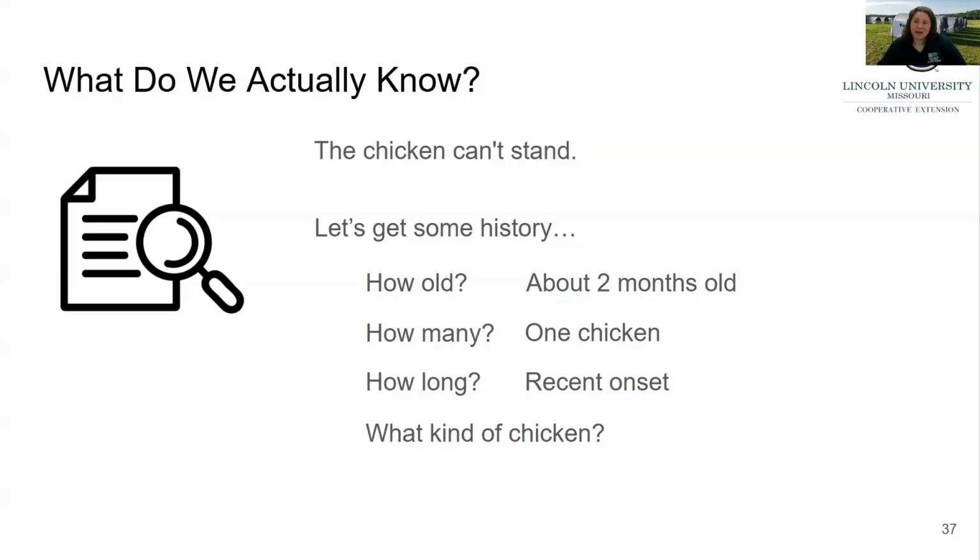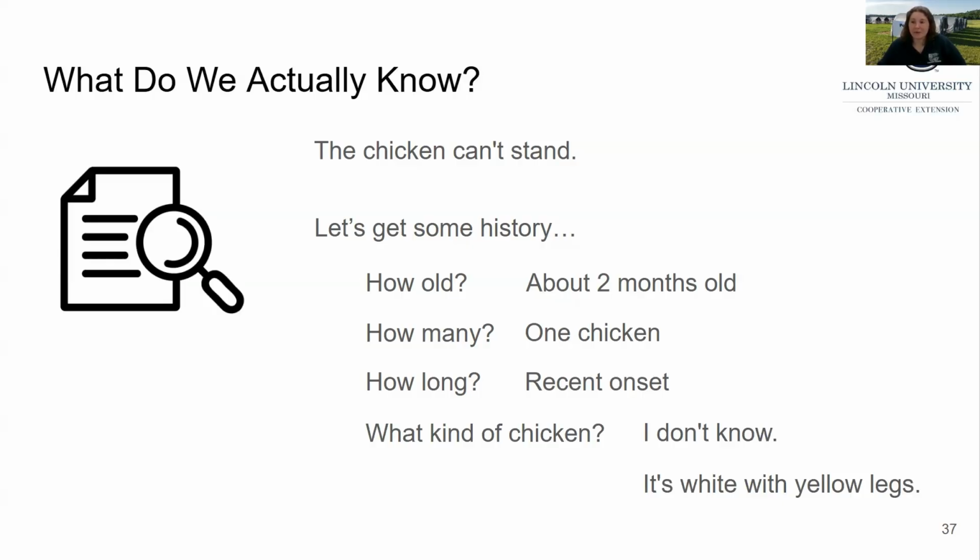So my next question is what kind of a chicken it was. And the owner says, I don't know. It's white with yellow legs. Now, does that information change what we're thinking? Maybe. It makes that broiler a little more likely.